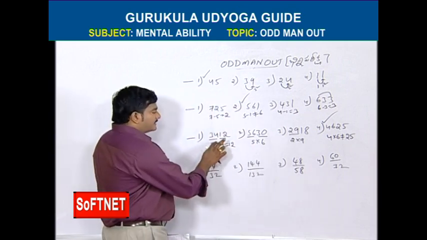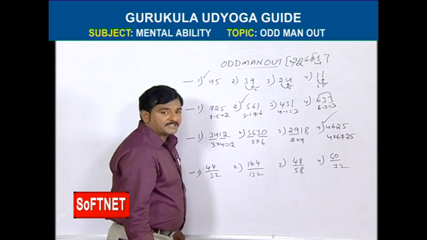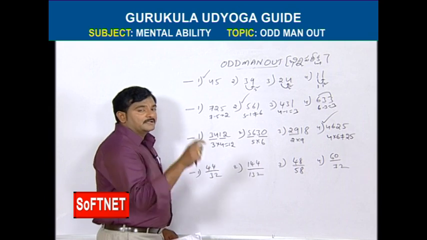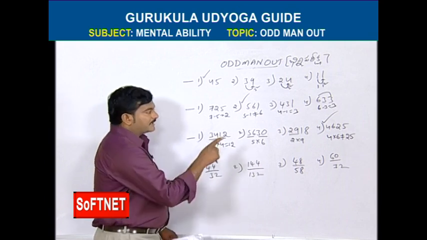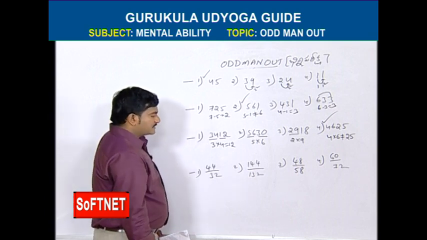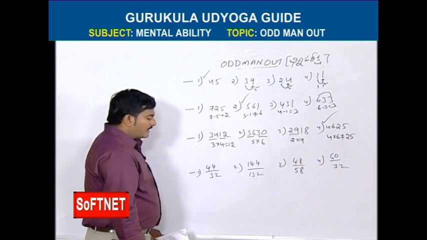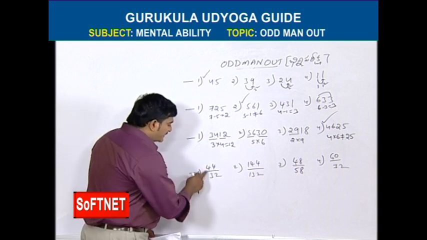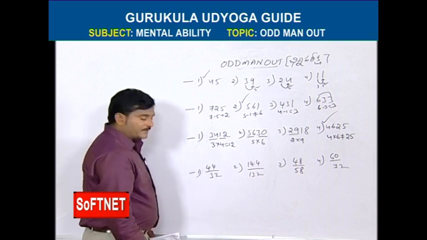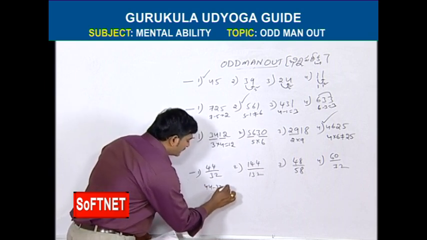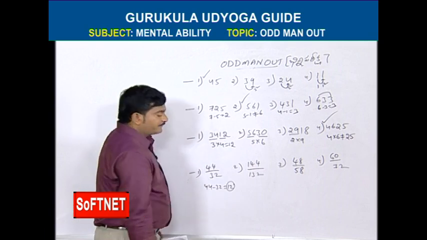There are 4 digit numbers in each and every option. Multiplying the first 2 numbers gives the last 2 numbers, but that is not possible in the fourth option. Now observe here 44, 32. What is the difference between 44 and 32? 44 minus 32 is equal to 12.